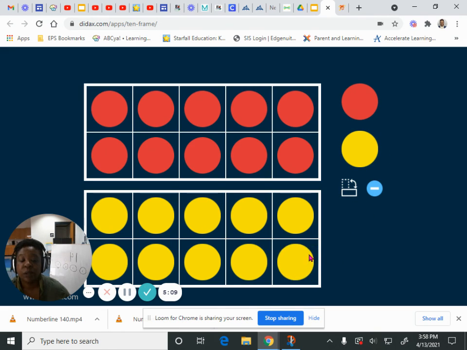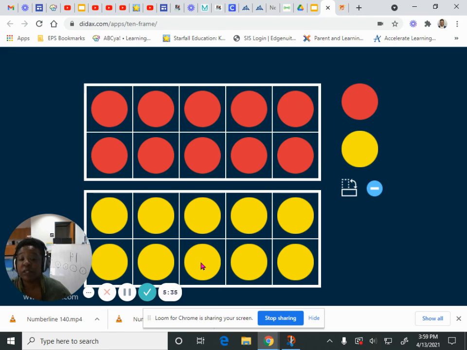Uh-oh. Well, now I have two groups of 10. So I can say 10, 20, because remember, when we count by tens, it's a group of 10. So when we get to 10, we just say 10. So 10, 20. And 10 plus 10 is 20.